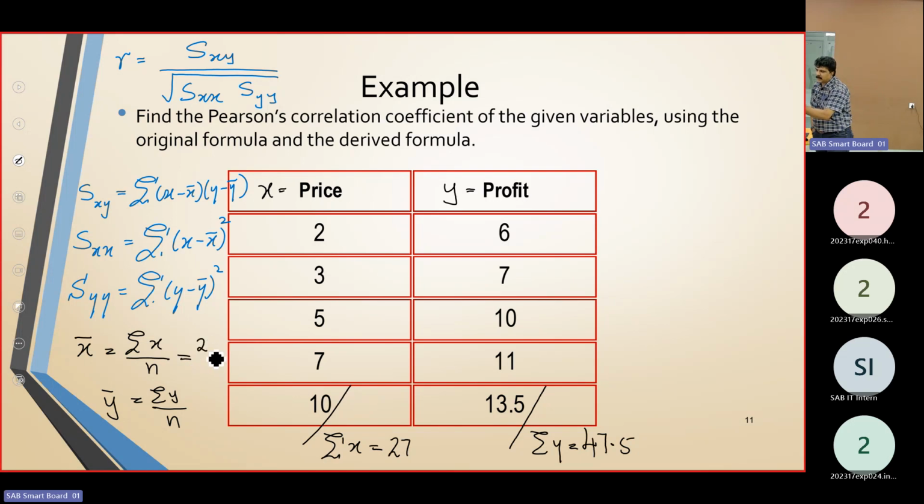Sigma x is 27, n is 5. So we can simplify; I don't have space, so I'm writing inside. x bar is 5.4. And y bar is 47.5 over 5. How many pieces? Right, 5 pieces. So this is 9 point.